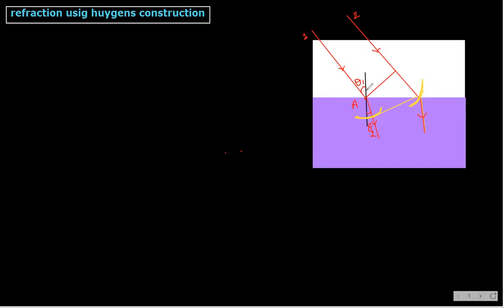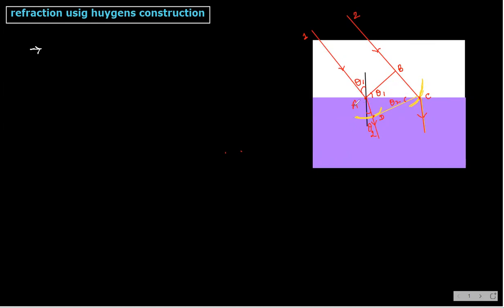Okay, so as this angle is theta 1, this angle is also theta 1, and this angle is what? Theta 2, because this angle is theta 2 here. Okay, how it is? Let me explain one by one. Here it is B point, here it is C, and this one is D point here.